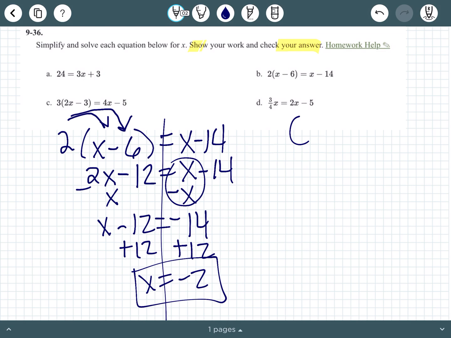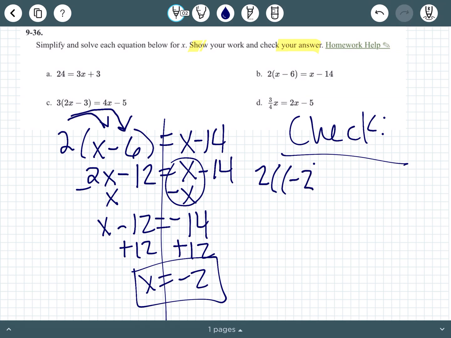Alright, don't forget about that check. We know that those parentheses are important. So I have 2 parentheses, oh goodness, negative 2 minus 6, and that equals x.